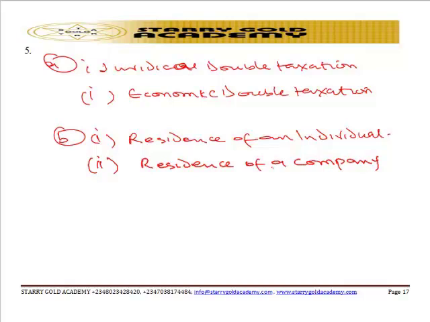A company that is incorporated in Nigeria, regardless of state of domicile or the number of places from where it carries out its business in Nigeria, is regarded as a resident company in Nigeria. It is necessary to determine the relevant tax authority to which all the tax returns of the company must be submitted in each year of assessment. So that is that. Let's go to the next.